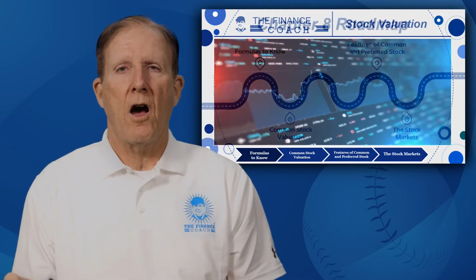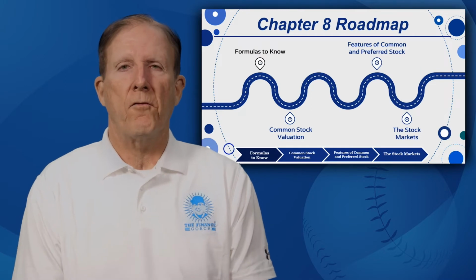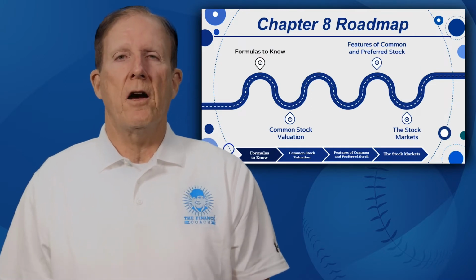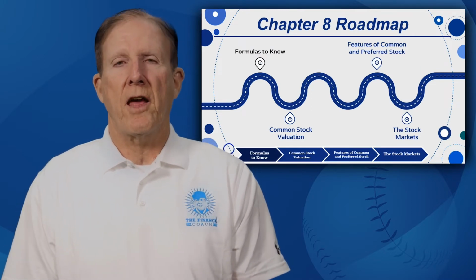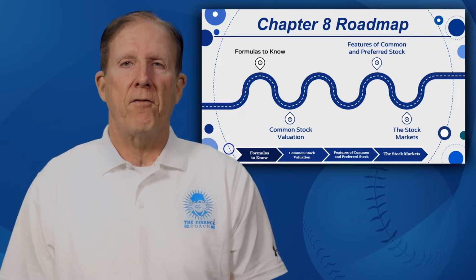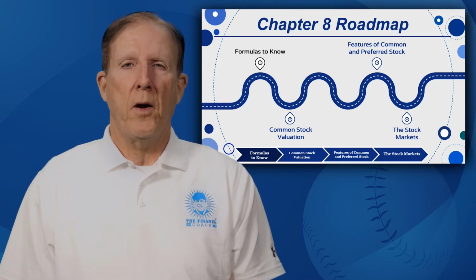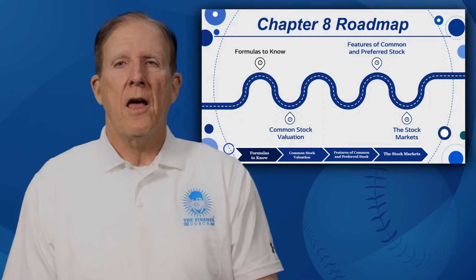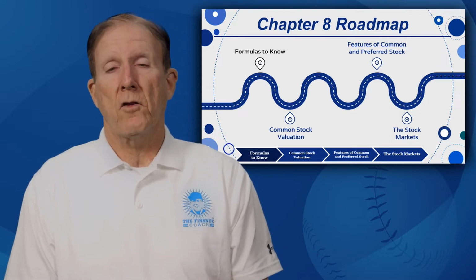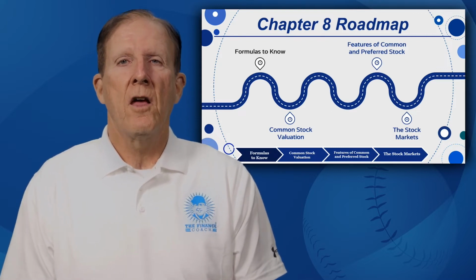How do we value a stock? Here are the learning objectives. What are some of the formulas? In Chapter 7, we basically have one formula to value a bond. Now we have 3 or 4, and there are many other ways to do stock valuation analysis and also merger and acquisition analysis.